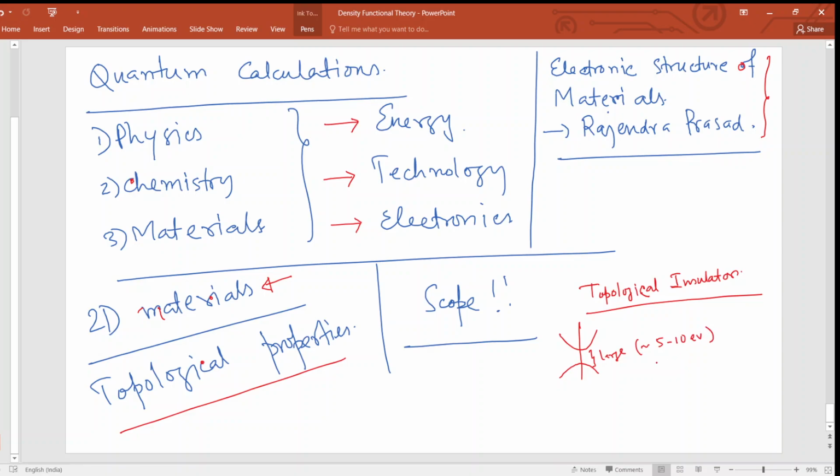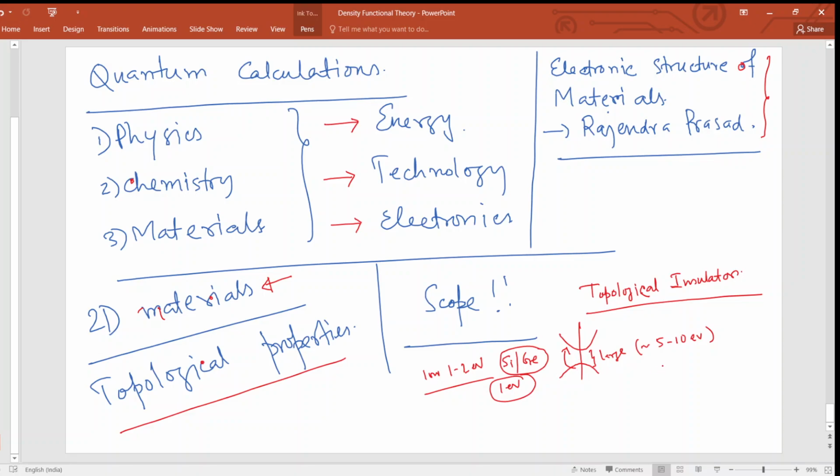So what it means is that for a semiconductor, this gap size is quite low, typically 1 to 2 electron volt, and as a result, you can have small excitation and some desired level of current. For example, when we are talking about silicon or germanium, the band gap is around 1 electron volt, which means that if I apply 1 volt of bias or a little more, then I'll be able to conduct current, because there will be a jump of carriers from the valence band to the conduction band.